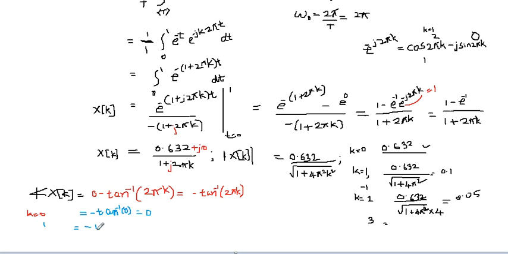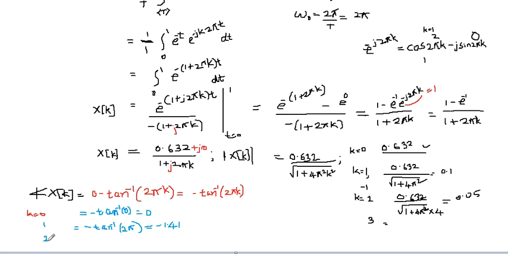It is minus tan inverse of 2 pi. We need to take it in radians. So minus tan inverse of 2 pi works out, when we do the calculation in radians, to minus 1.41.